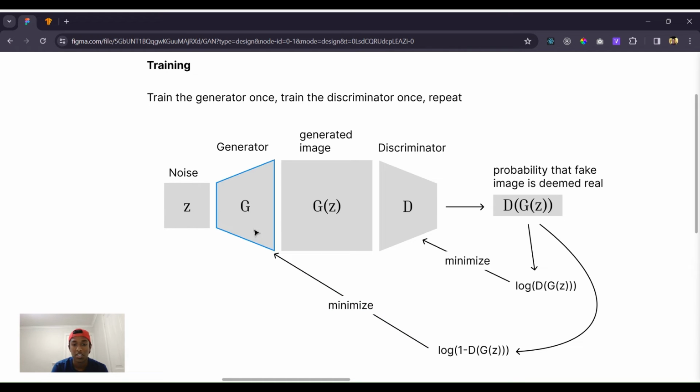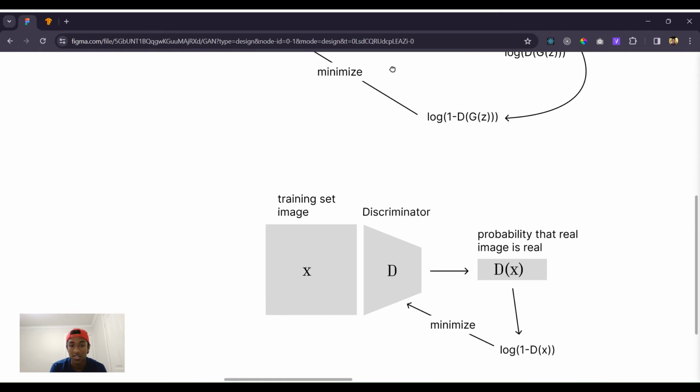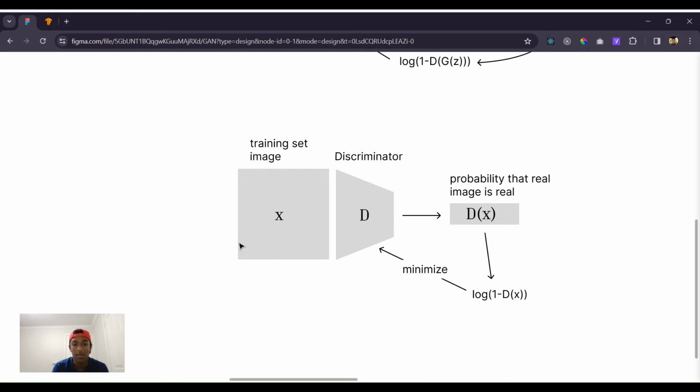Okay, so this is for generated images, but the discriminator is also going to be seeing the training set images. So we input a training set image into the discriminator, and it outputs the probability that the real image is deemed real. The discriminator wants to maximize this.